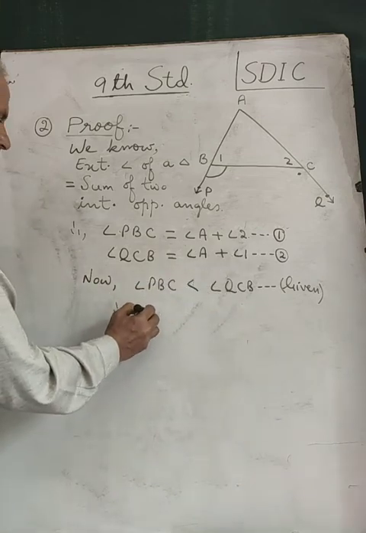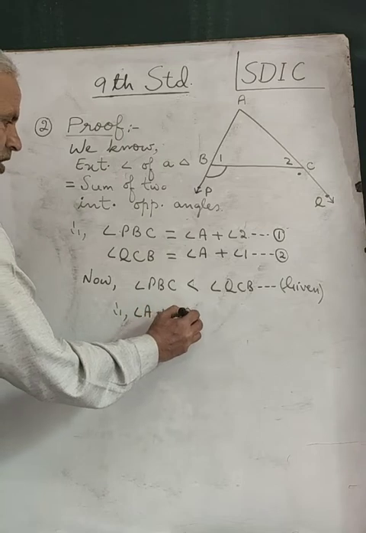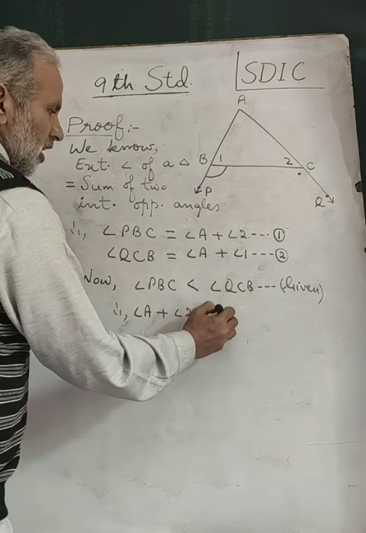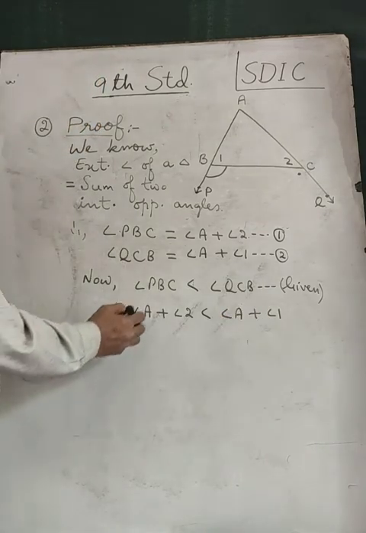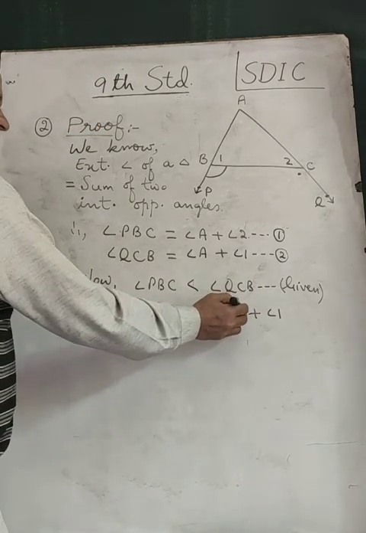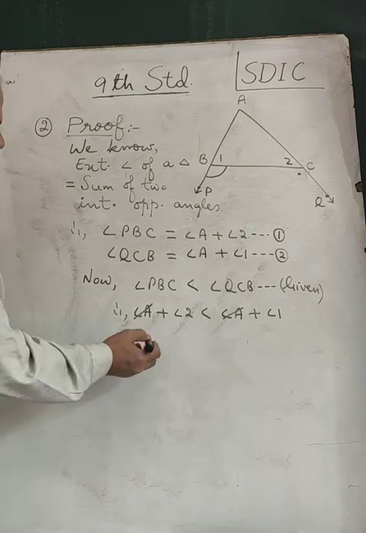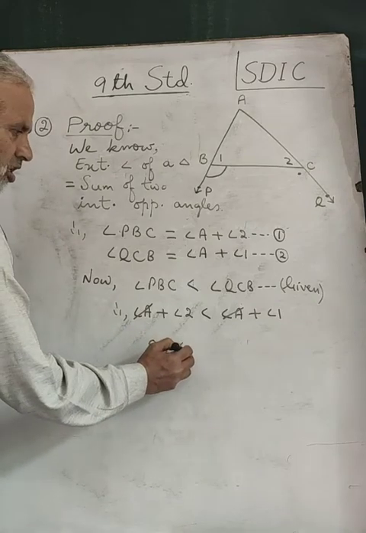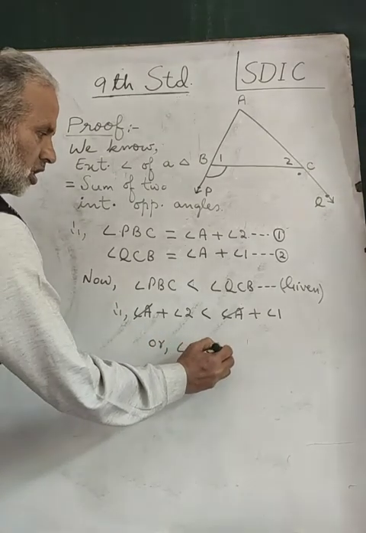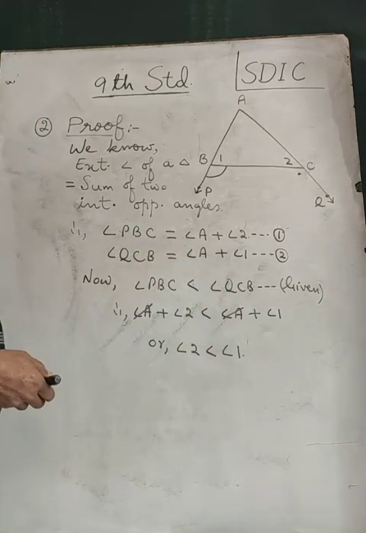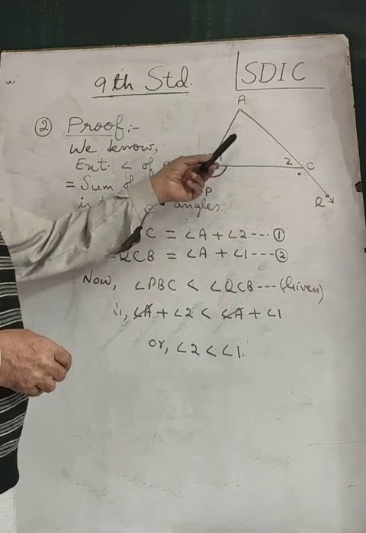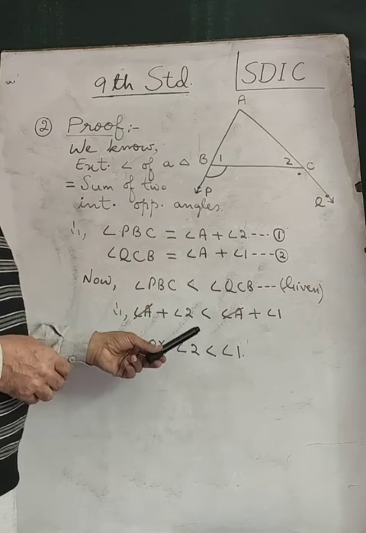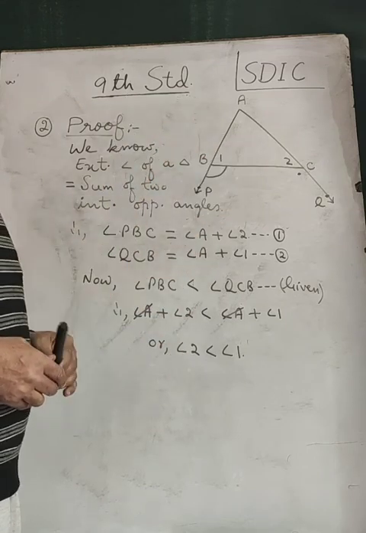Angle A plus angle 2 is smaller than angle A plus angle 1. Angle A on either side will cancel. So what is left? Angle 2 is smaller than angle 1. These are the interior angles of this triangle, and now this relation will be used to get the final result.